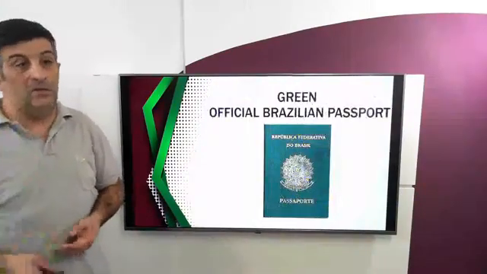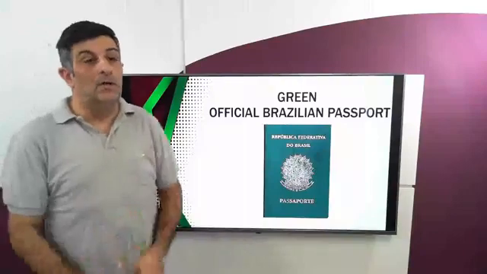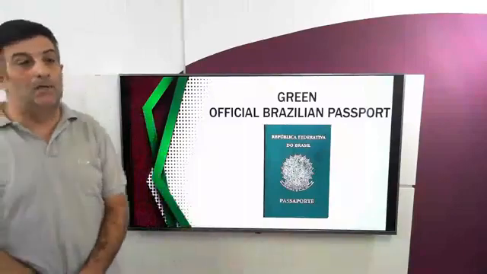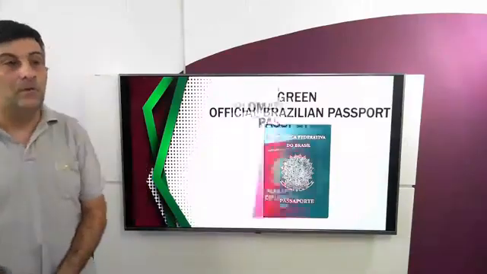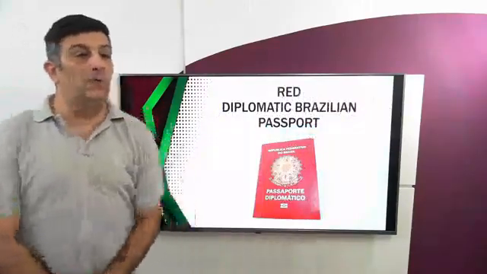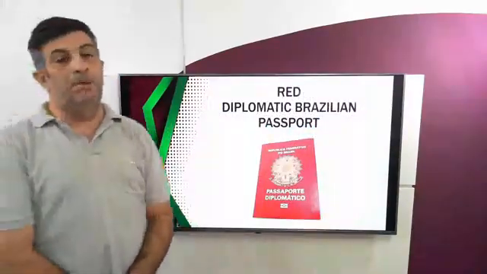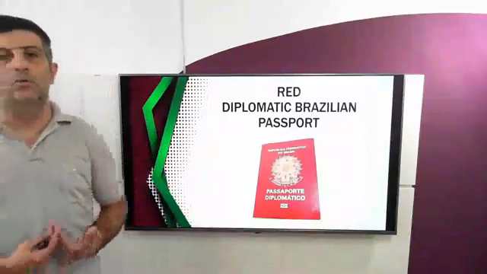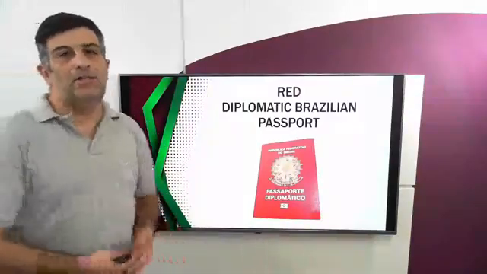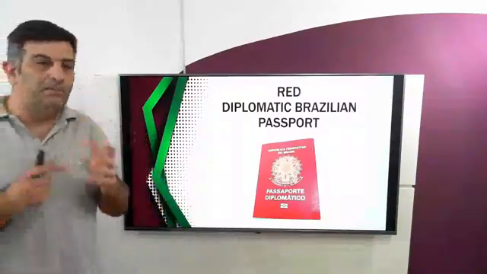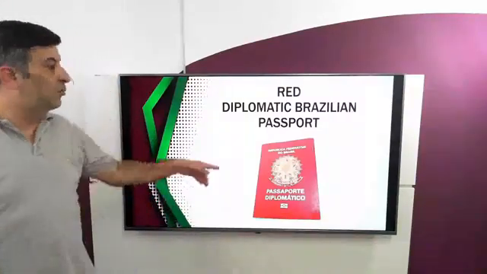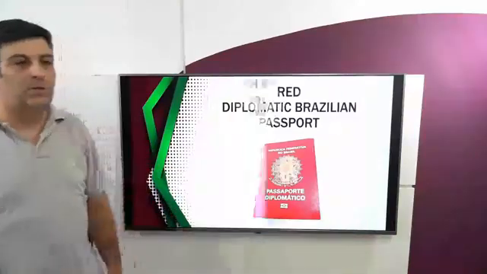We have the green one for official members, okay? Official members use the green one. We have the red one for some diplomatic people, for example, the president, the governor, some people of this kind. They use the red passport, okay?